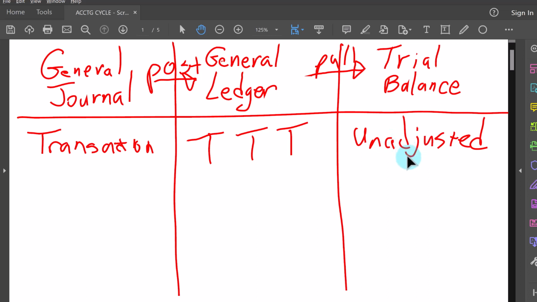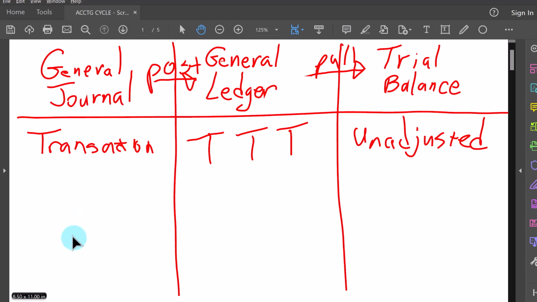But now at the end of the period, we want to have accurate and updated balance amounts. So we're going to go through our accounts and update them. The only way to change a balance in any of these accounts is to journalize the change.